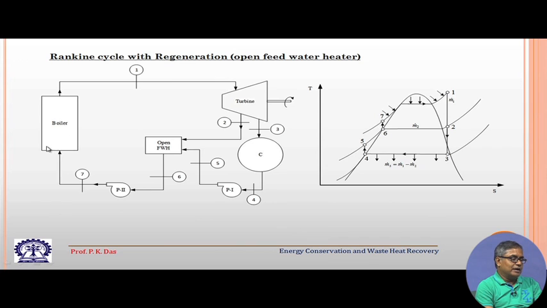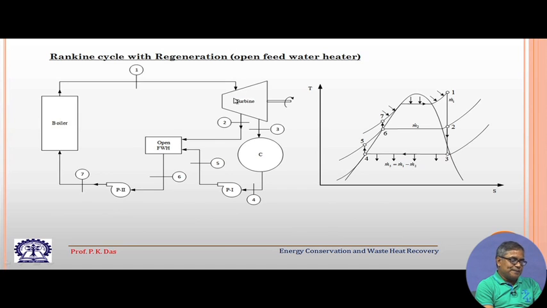This is the boiler, in which there will be some economizer part, then the steam generator or evaporator part, and then the superheater. After that, superheated steam at high pressure will go to the turbine, and it will expand up to condenser pressure, but not the entire amount of steam.